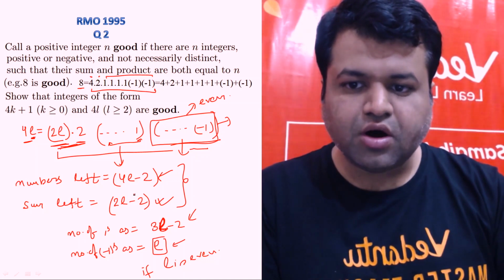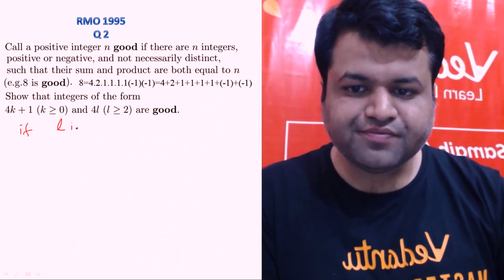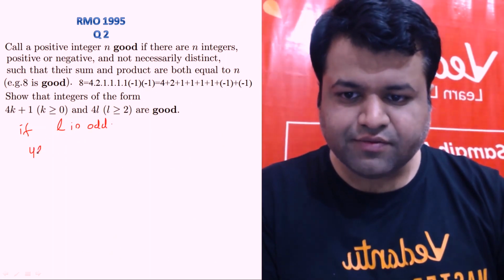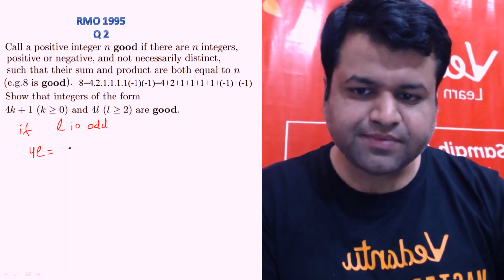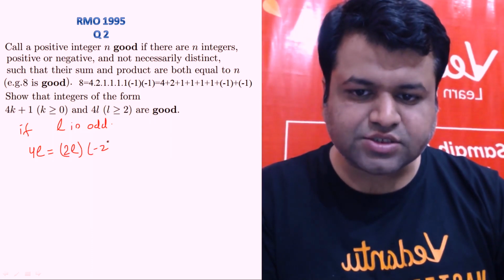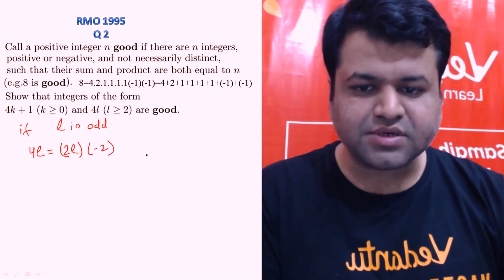Let's take a look at this. If L is odd, previously we had written 4L as 2L into 2. Let's write it as minus 2, because now we will require negative numbers in odd count, right?